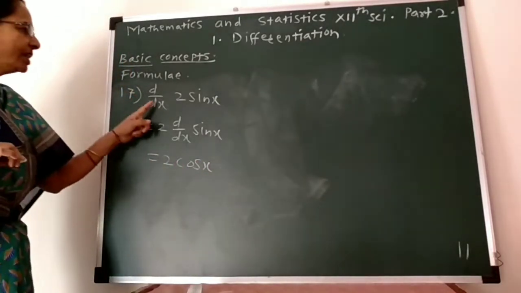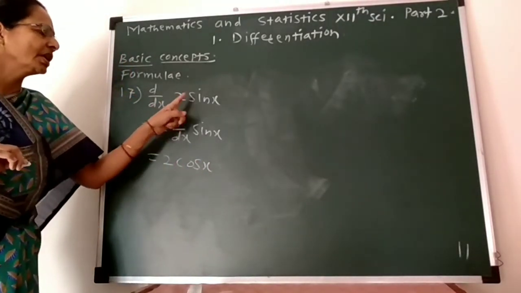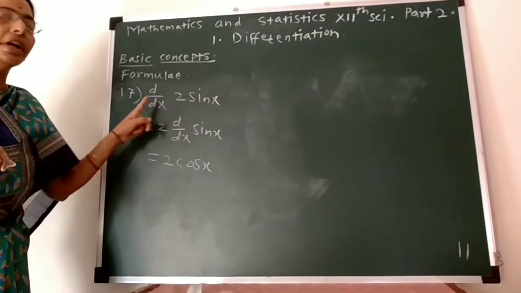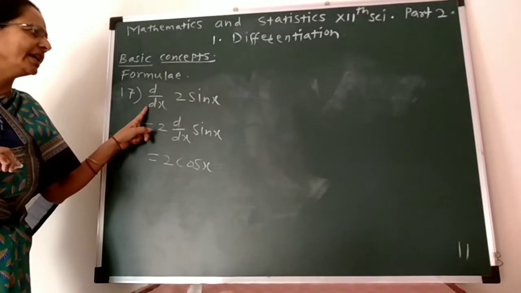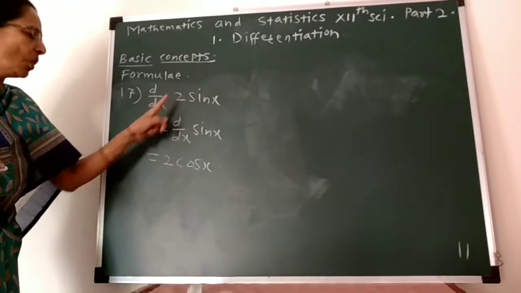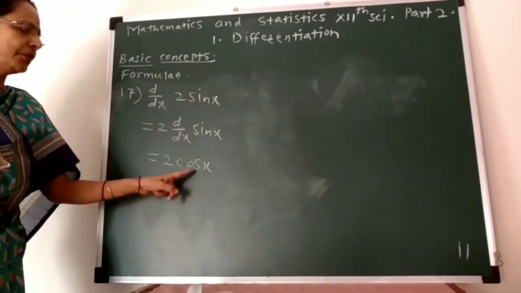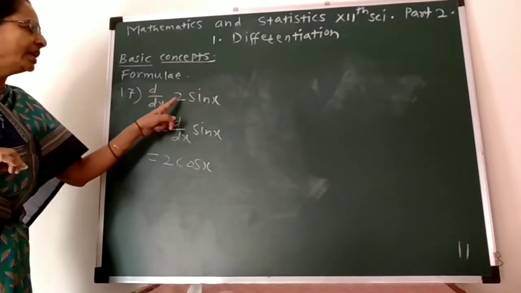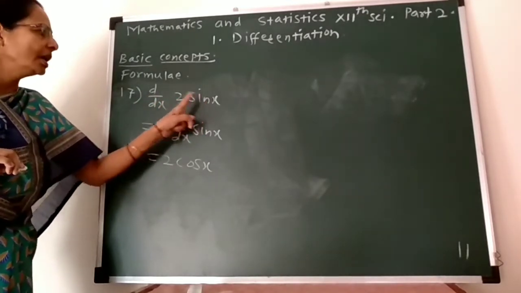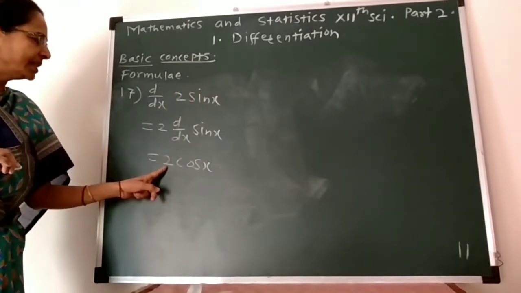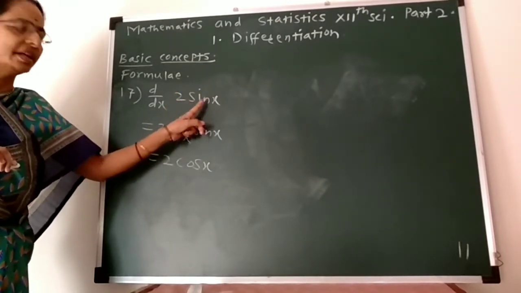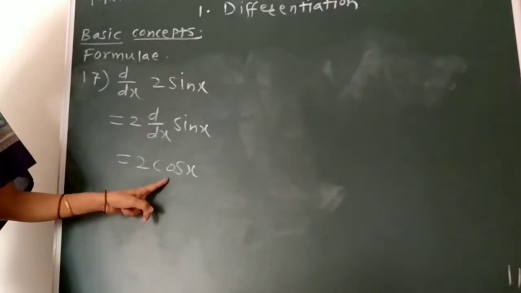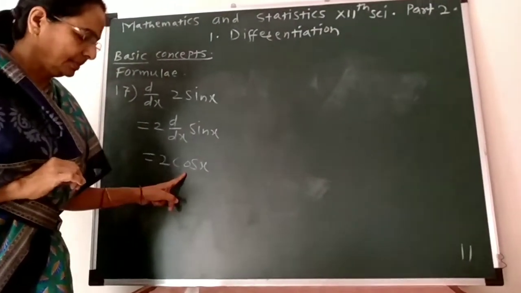So when there is a constant and a function, and we have to take the derivative, just take the constant as it is and take the derivative of the function. Remember this. This is one trick.